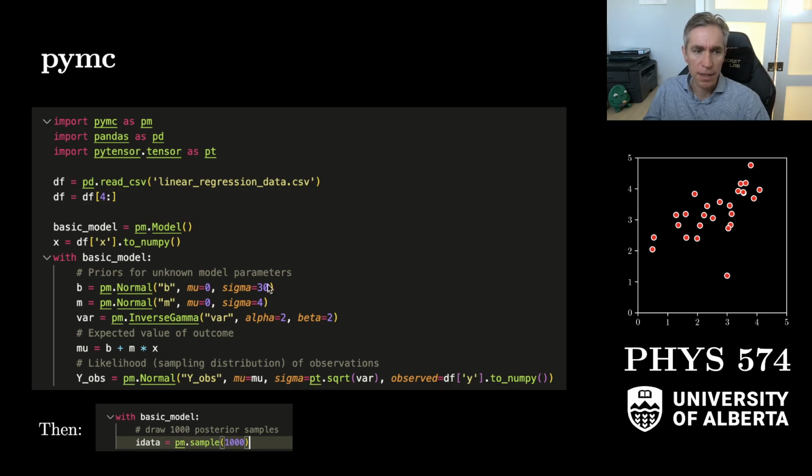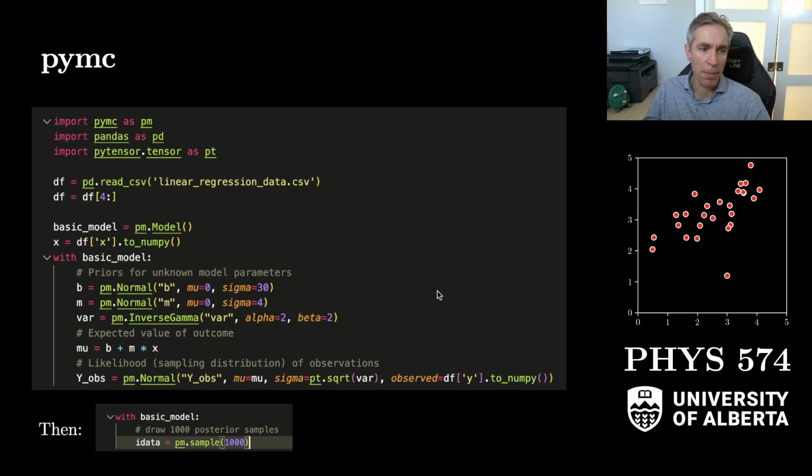So pt, this is where we need the pytensor, because that's what gives us mathematical operations. Where we'd often go to numpy.sqrt, we'll often go to pytensor.sqrt on the variance. That'll give us the width there. And then we say we have observed data that are just the y values in the data frame.